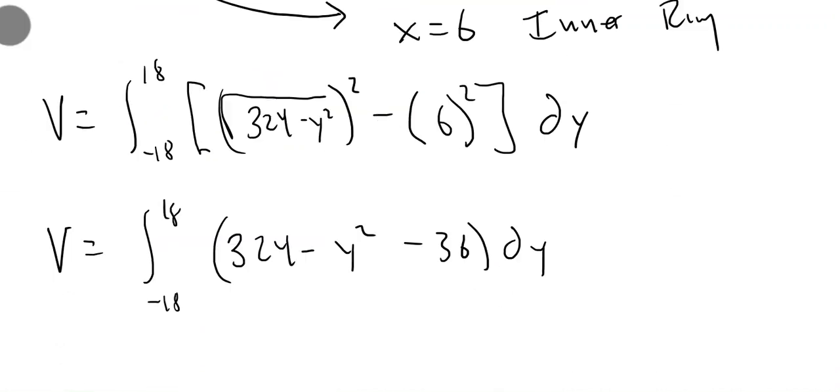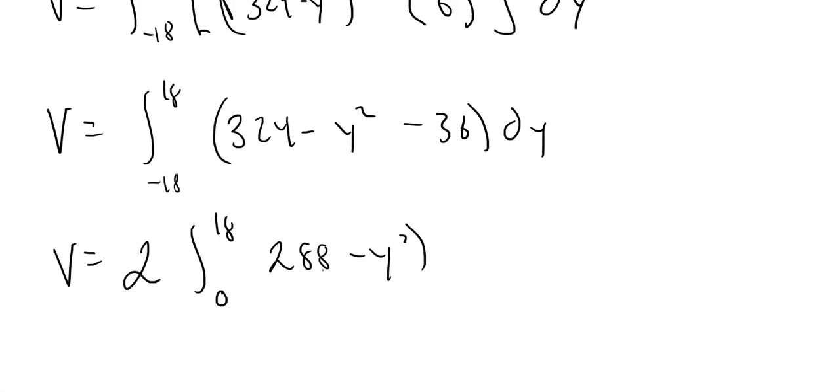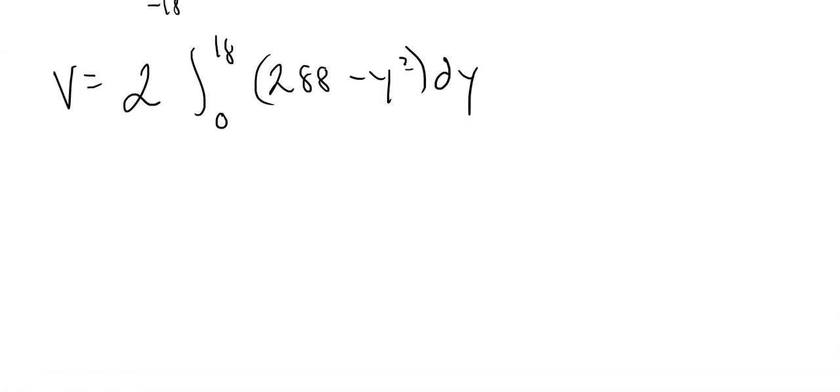Just to save a little bit of time, you could say that the volume is equal to 2 times the integral from 0 to 18 of 324 minus 36, which is 288, minus y squared dy. And now our integral is all simplified, set up, and ready to go.